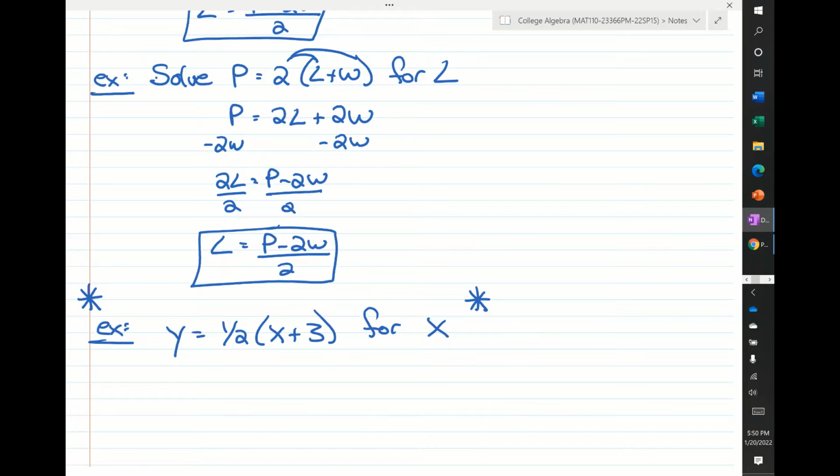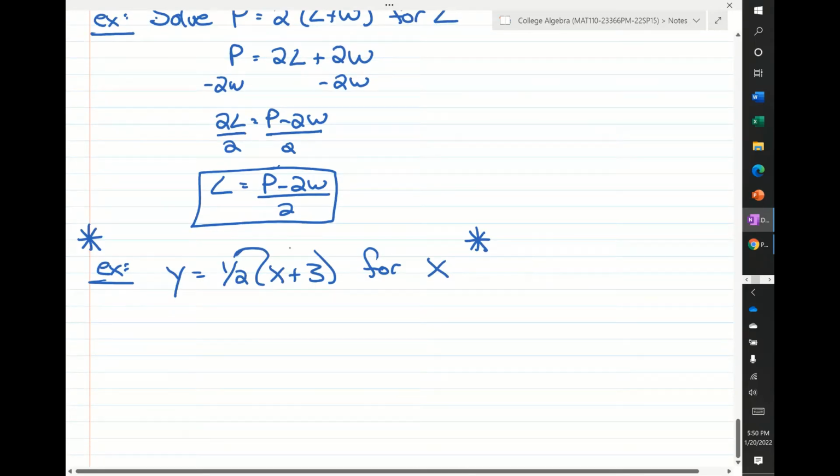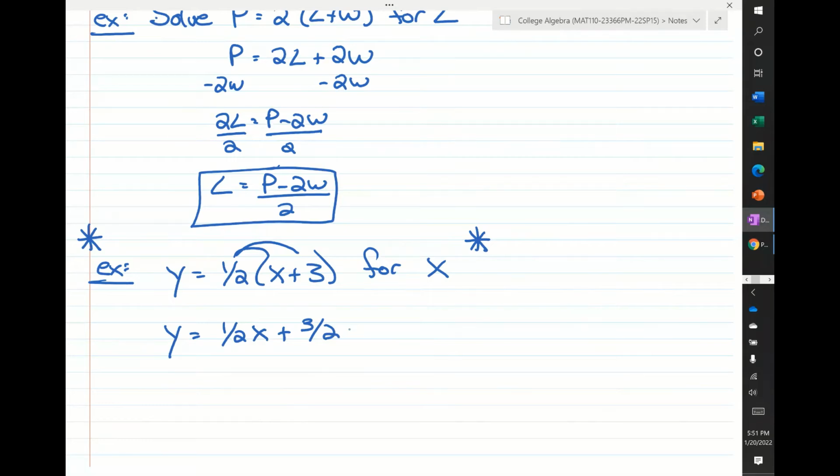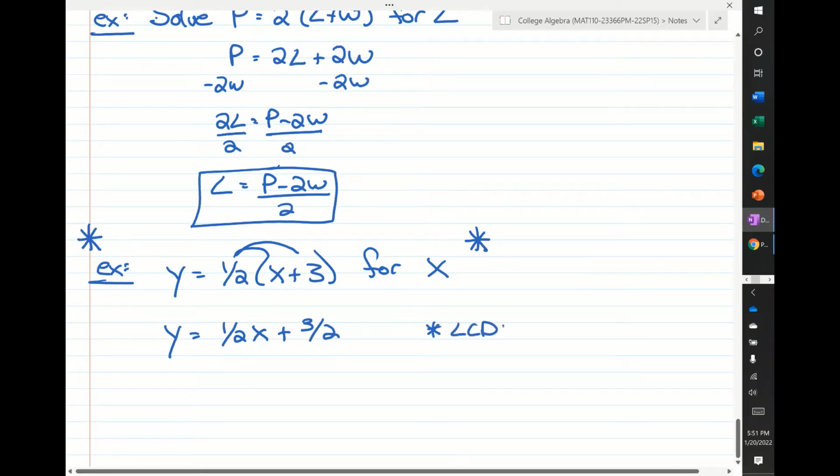Like we said, we just distribute, right? We're going to distribute the 1/2. y is equal to 1/2 x plus 3 over 2. In my experience, people don't like fractions. So how did we say we can get rid of fractions here? LCD, right? Which would be what? 2, right? So if we multiply everything by the LCD of 2, we don't have to put up with fractions.